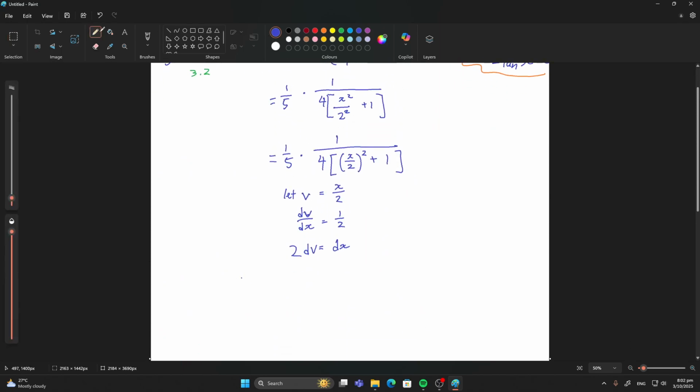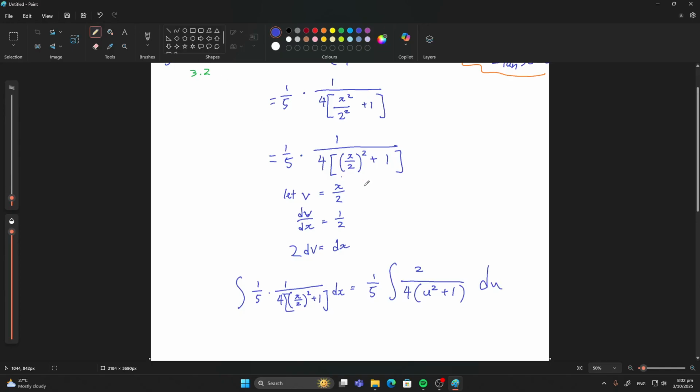So essentially, I'm integrating 1 over 5 times 4 over (x over 2) squared plus 1. I bring out the constant, 2 over 4, times 1 over u squared plus 1 du.